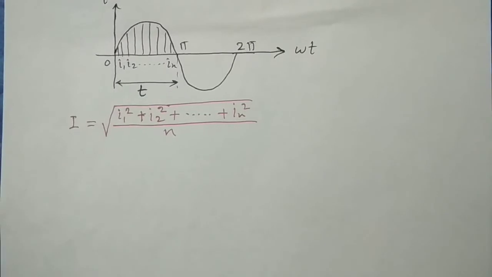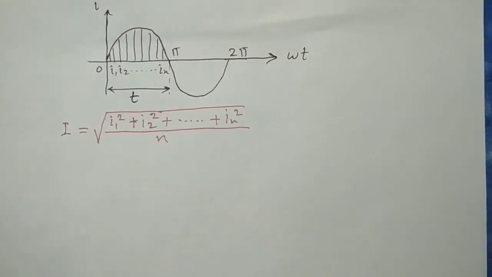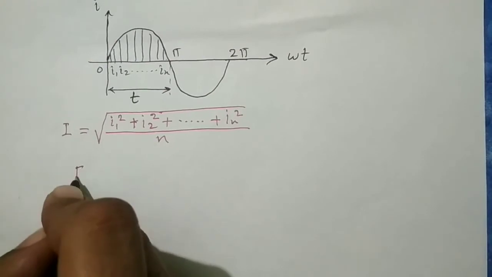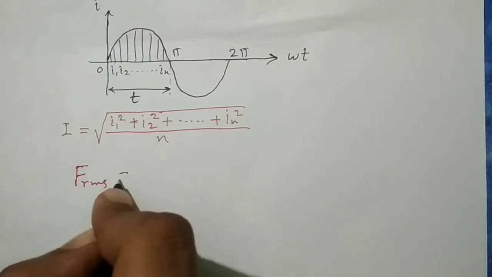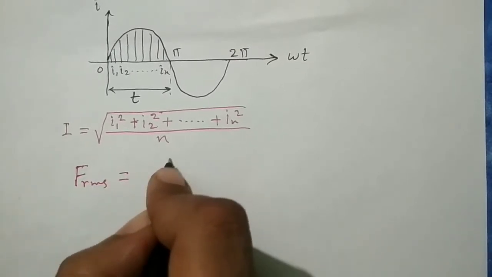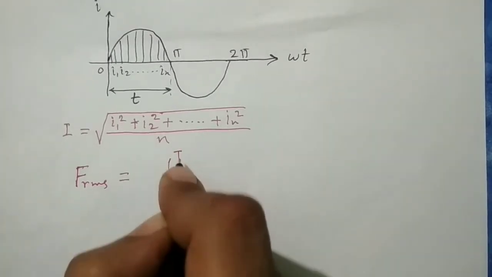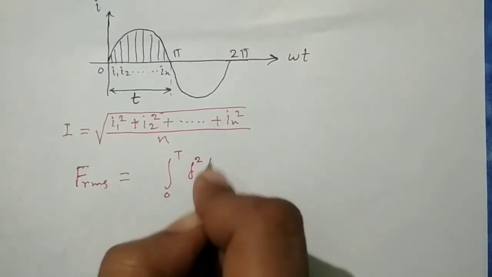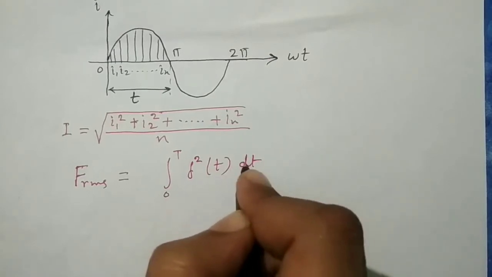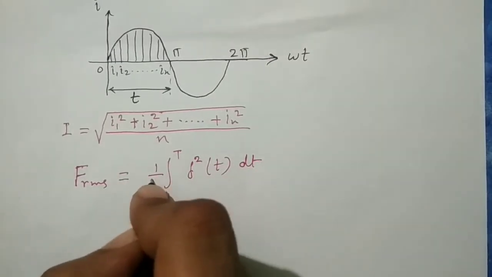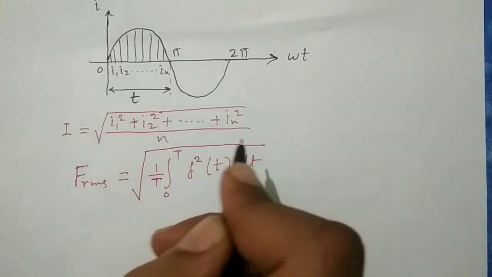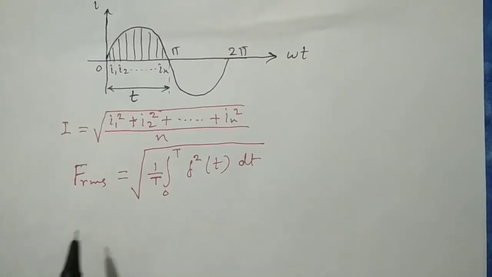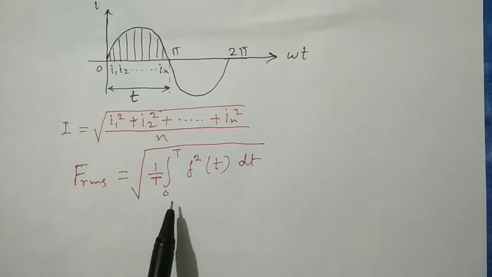Now in general, if we want to consider a function, then the RMS value of the function can be written as integration 0 to T of f square t with respect to dt, then divided by the base length, and the whole thing within the square root. So this is the general formula to calculate the RMS value of any alternating quantity.